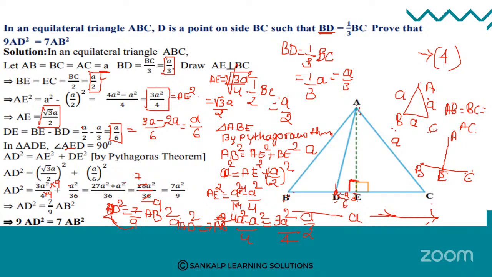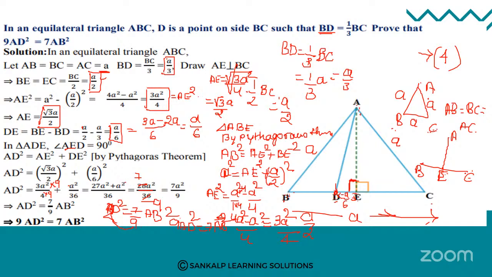Okay. Now, BE is equal to EC. So what does BE mean, what does EC mean? BC divided by 2. See here, BE is half of BC and EC is also half of BC. Therefore, it is A by 2. Now, by using Pythagoras theorem, in triangle ABE, AB square is equal to BE square plus AE square, so AE square is equal to A square minus A divided by 2 whole square.